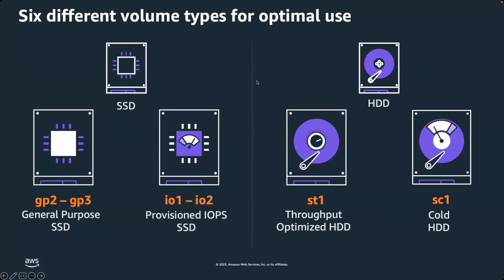But what really is essential to understand here, instead of just getting into the technicality of it, is that if you need block storage for some reason, there's SSD and HDD, and you can use a bunch of different block storage types for the workloads that you need in the cloud.